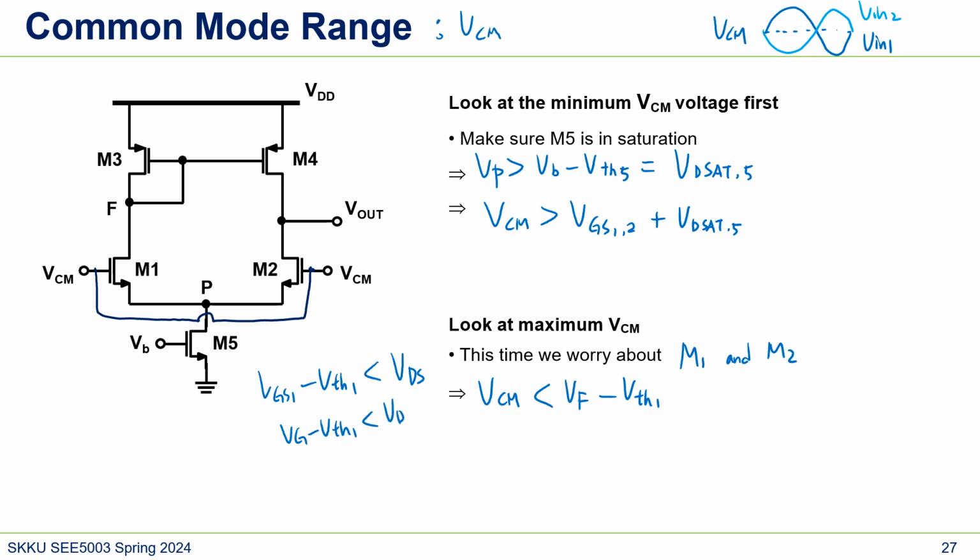So yeah, this would be plus. So VG is VCM and then VD is VF. So that's the range of operation.